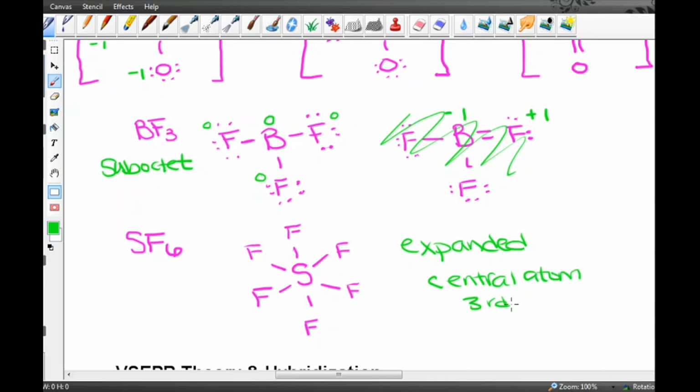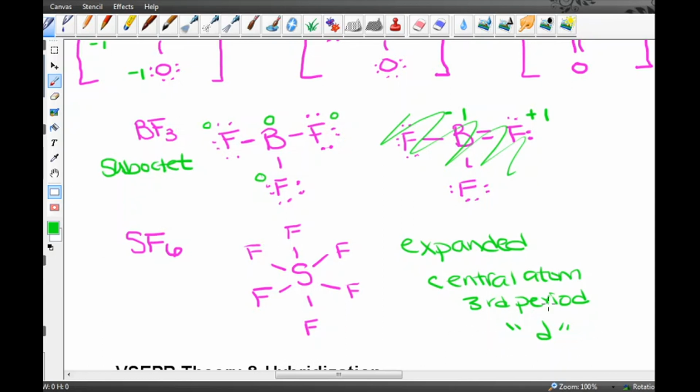Has to be in the third period or more. And that's because once you get into the third period, you have d orbitals available to put extra electrons in. So you can, in fact, expand the bonding octets beyond 8.